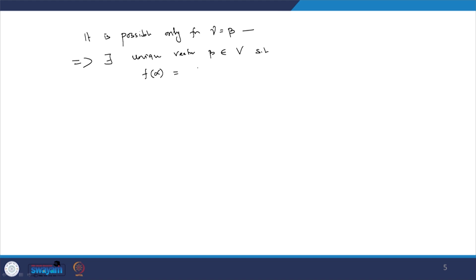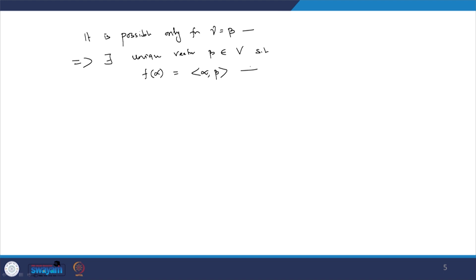Now, this is possible only for gamma equal to beta. So, this implies there exists a unique vector beta in V such that f of alpha equal to inner product of alpha and beta.